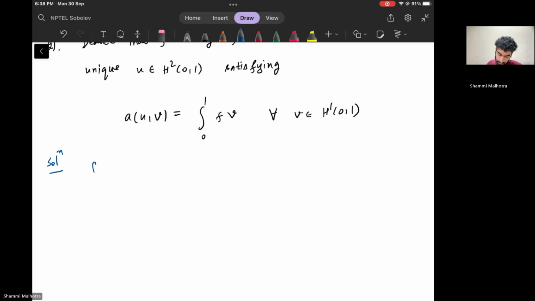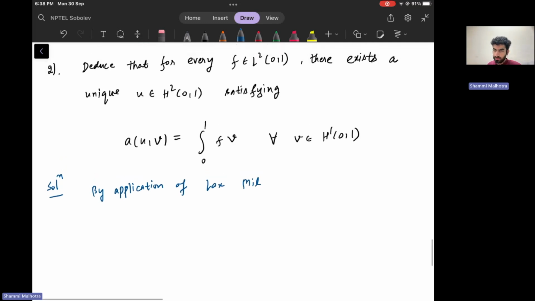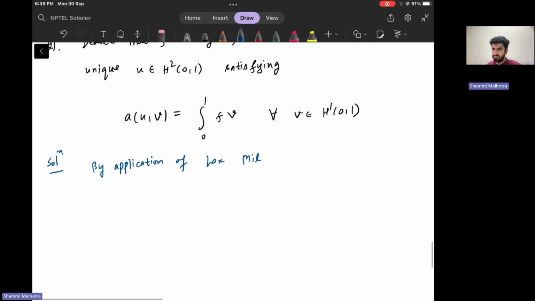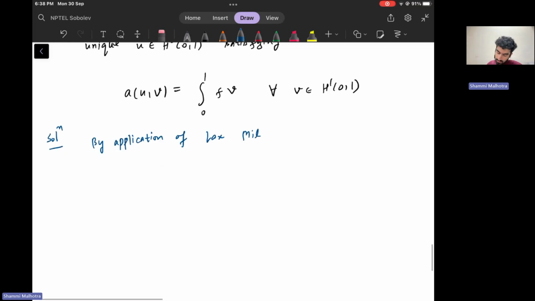By application of the Lax-Milgram lemma, clearly the integration of f times v over 0 to 1 is a linear functional on H^1, so that's not an issue.